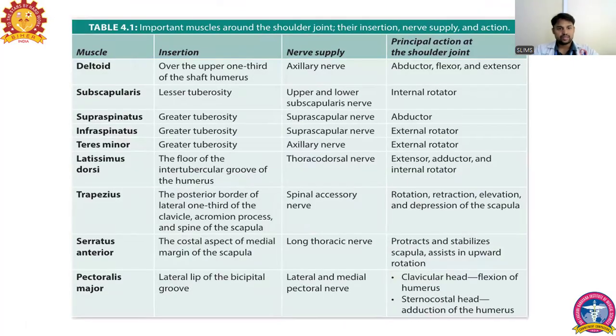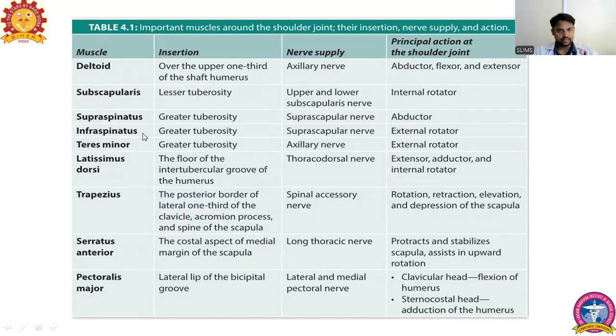And the next muscle is supraspinatus. This supraspinatus muscle will attach to the greater tuberosity. And the origin of the supraspinatus muscle is from the supraspinous fossa. In the scapula, we have two fossae posteriorly, the supraspinous region and the infraspinous region, divided by the spine of the scapula. So from the supraspinous region, the supraspinatus muscle will arise and insert into the greater tuberosity.